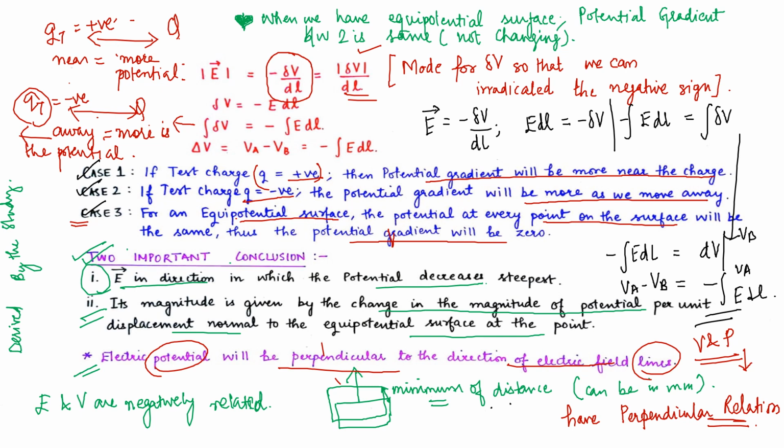And we have found that the direction of E is in the decreasing potential direction, and the magnitude is the potential change per unit displacement normal to the equipotential surfaces. And then the most important thing, electric potential and electric fields are perpendicular to each other.